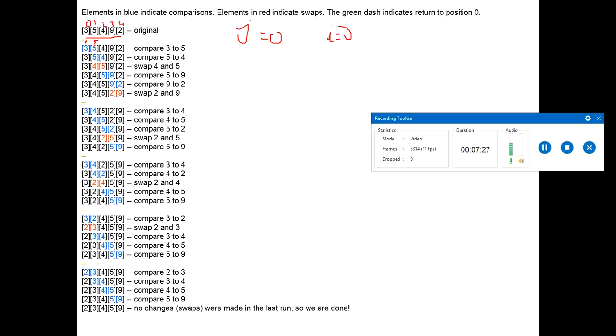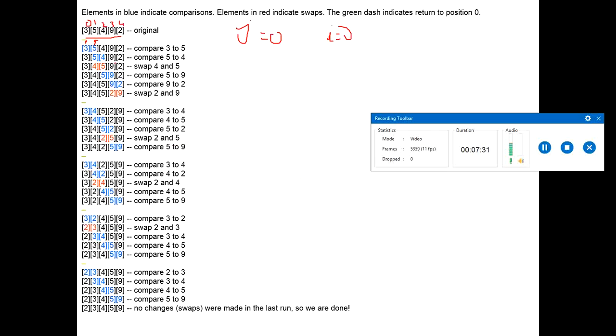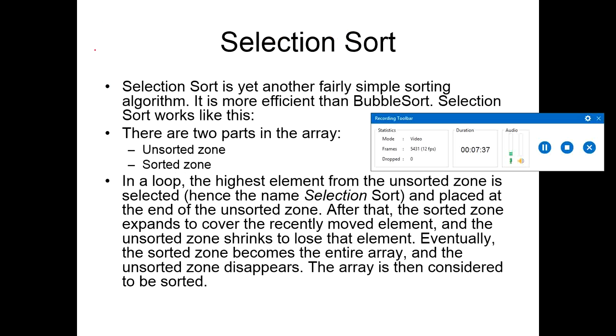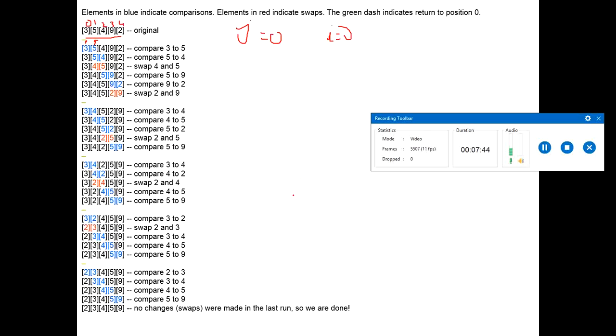Is A[i] greater than A[i+1]? No, A[i] is not greater than A[i+1]. So nothing will happen now, and i will be incremented. Now i becomes 1, so A[i] is 5 and A[i+1] is 4.